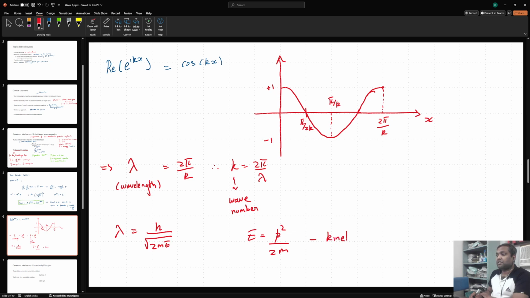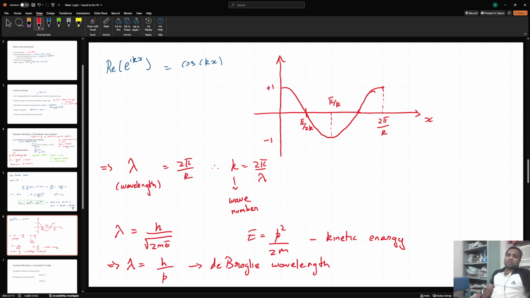Only the kinetic energy is here. This will further imply that the square root of 2mE is p, so lambda is equal to h by p, and this is what we call the de Broglie wavelength. De Broglie is the pronunciation of the name. This is also something we will be using down the line.